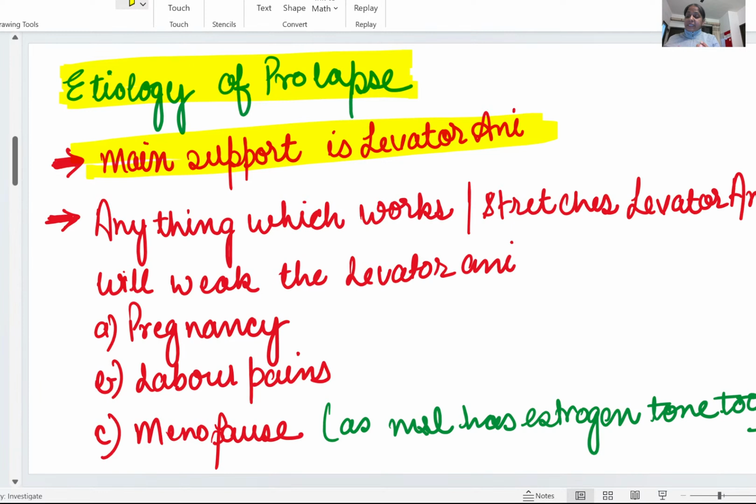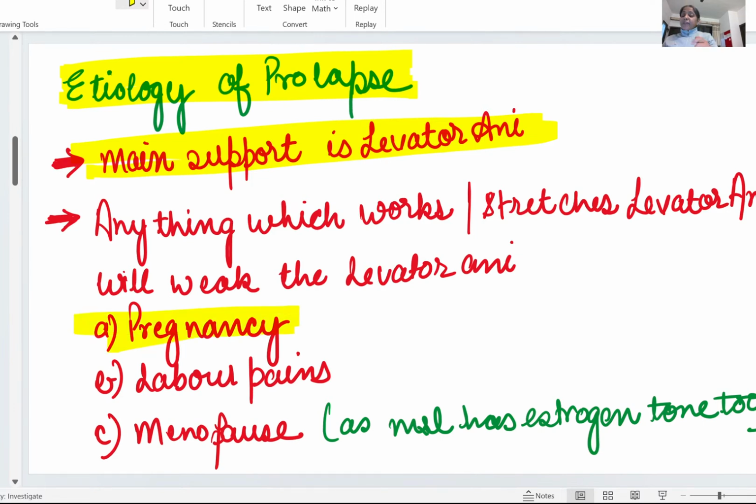If this pen is the uterus, then the levator ani is like this, holding it like this. So if any pregnancy occurs, it will surely weaken the levator ani.